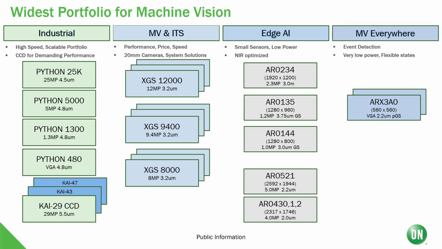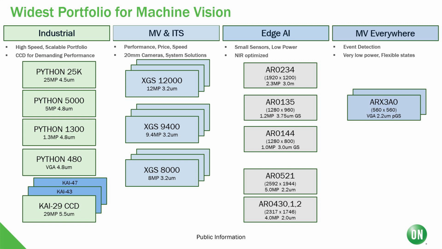Okay, so at ON Semiconductor, we offer a lot of different types of image sensors to address your machine vision needs. This is just a quick summary of some of the image sensors available. On the left, we have very high-speed, large format image sensors targeted at the industrial space.